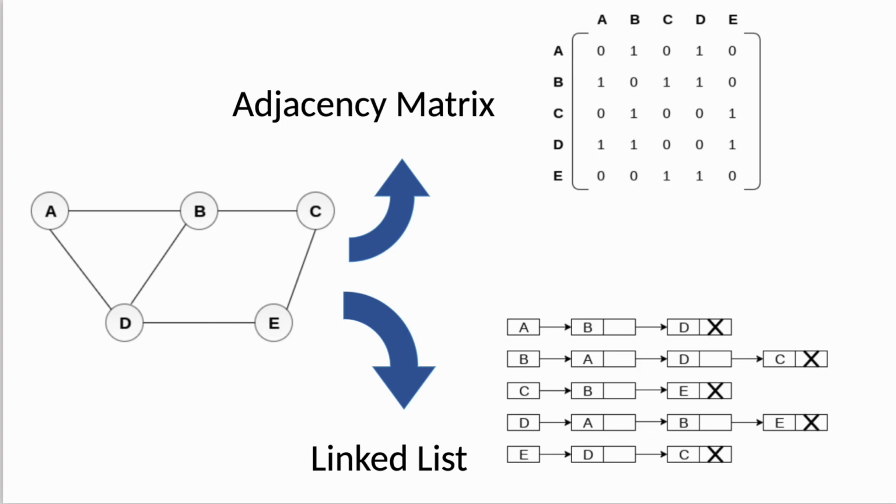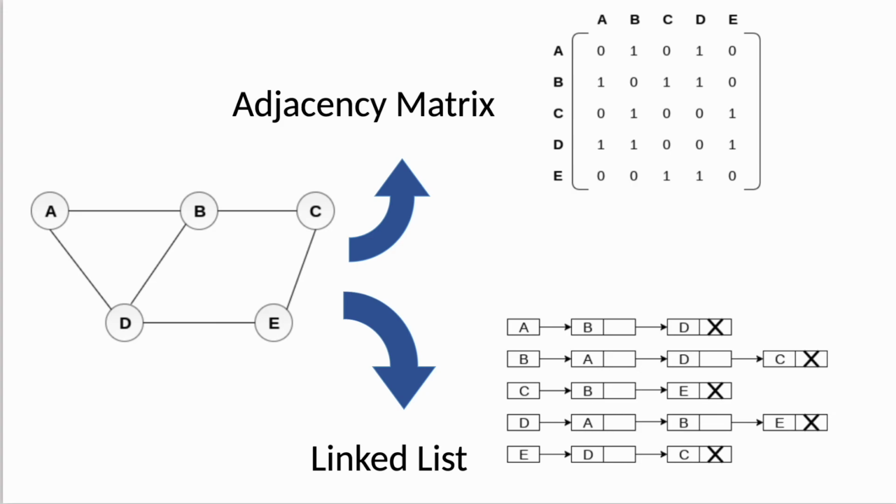For traversals, if we have an adjacency matrix, traversing the graph requires n squared time. Whereas if we have an adjacency list, we can traverse the graph in cardinality of V plus cardinality of E using adjacency list. So this is actually ideal for sparse graphs if we have an adjacency list representation.